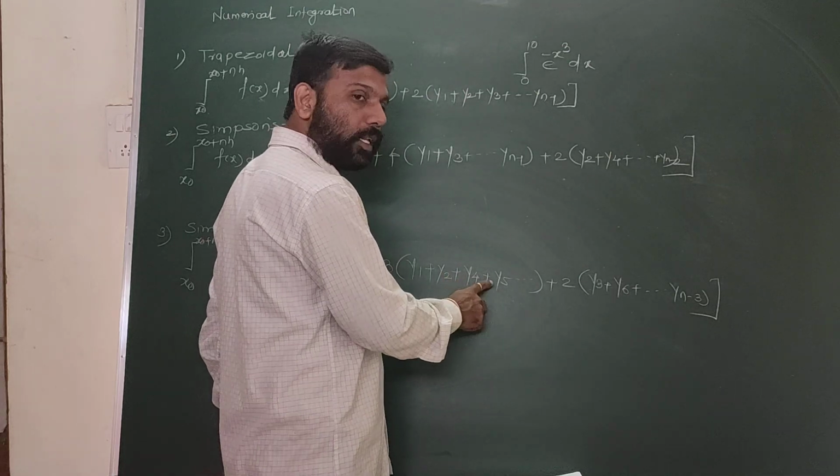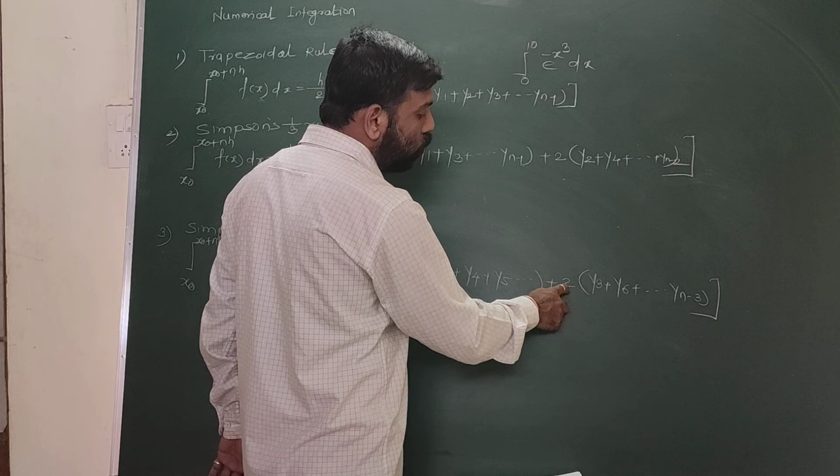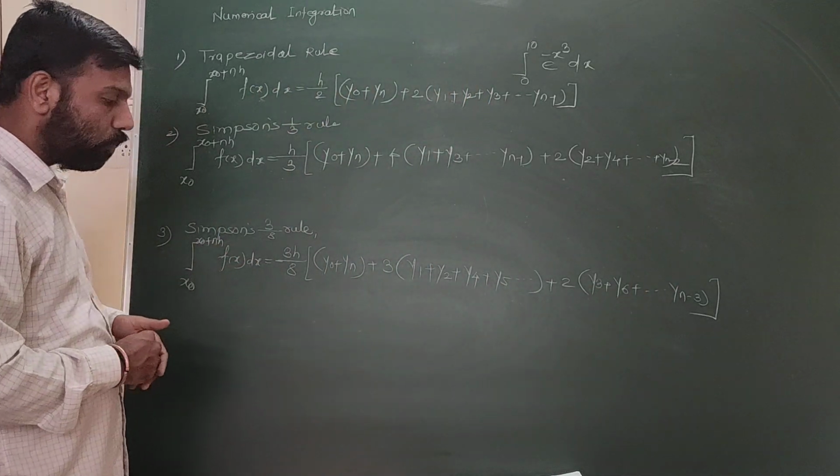It means we are not taking the third and sixth terms in the first group; those are taken with 2. So this is Simpson 3/8 rule.